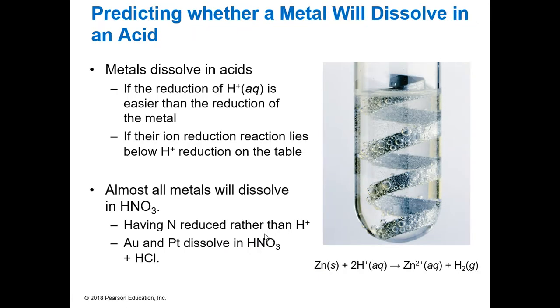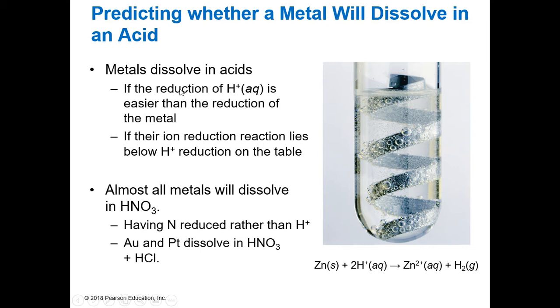So what about metals? We've done metals before. We have dissolved metals in acid. So most metals will dissolve in most acids, but some will not. How do we figure out if it is going to dissolve or not?